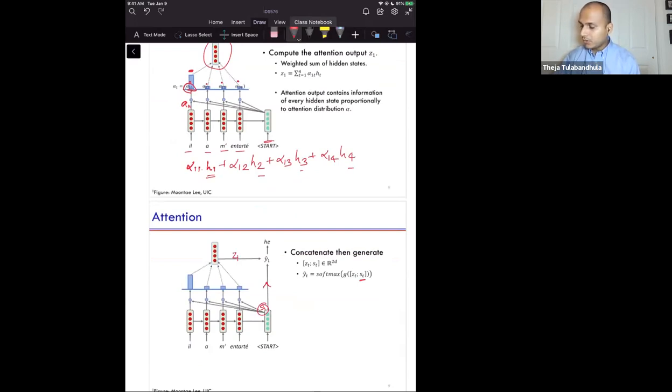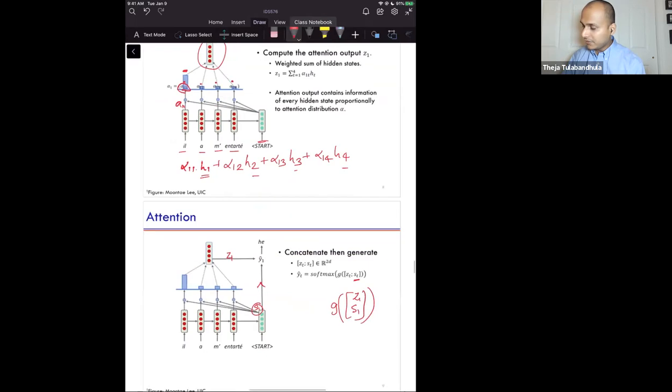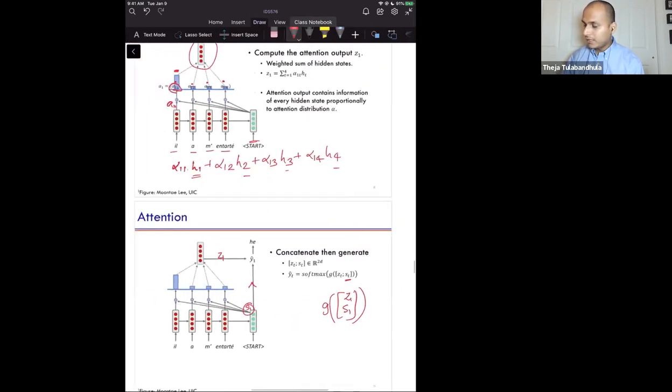We're going to concatenate Z1 and S1, and then do a transformation G, I guess not linear, but some transformation. Once you do the transformation, you can do a softmax operation as well. Ultimately, you want to get a y hat 1, and if you're doing auto reply or language translation, it has to be the size of the vocabulary, the vocab size.